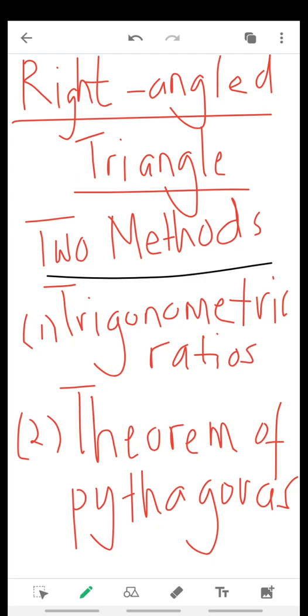It is only used if you want to find an unknown side of a right angle triangle. Underline, of a right angle triangle, not just any triangle. But with trig ratios, you can find the sides of a right angle triangle, or unknown angles. Very, very important.